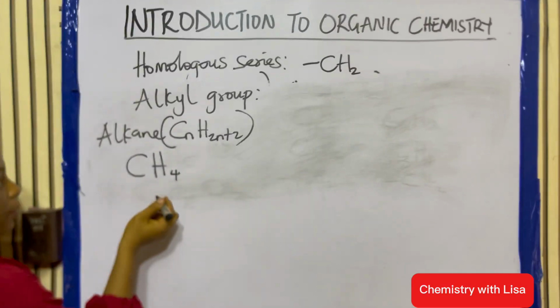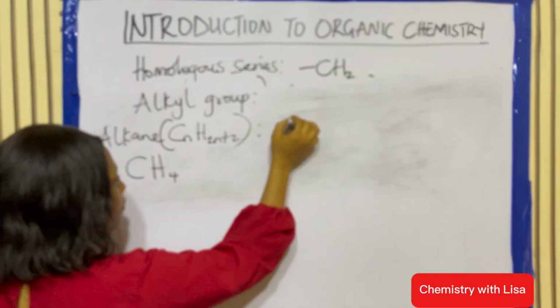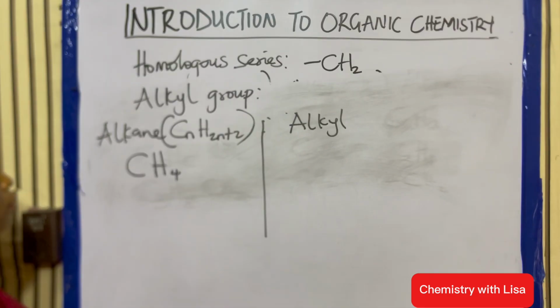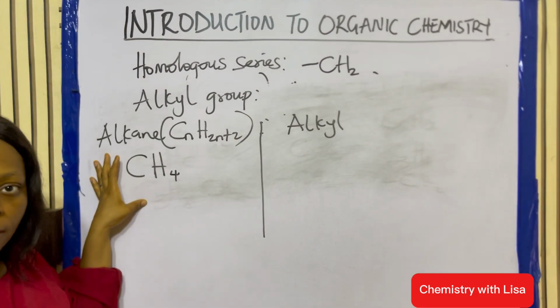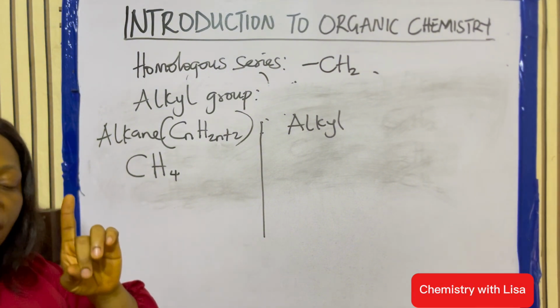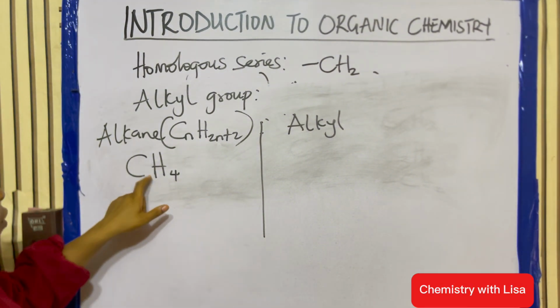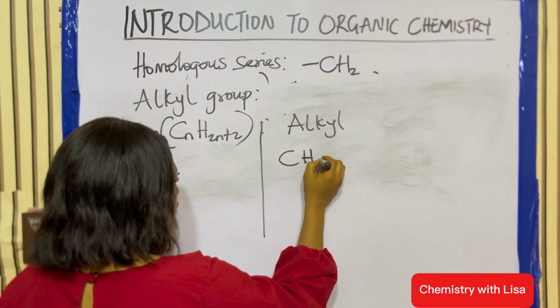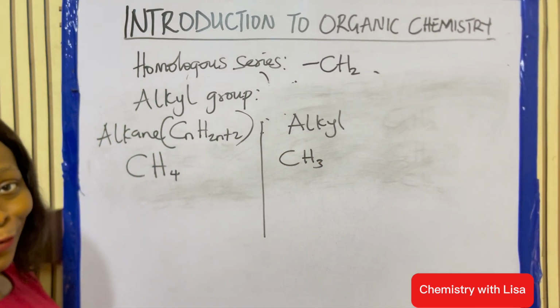This is the alkane family. So let's look at the alkyl family. The alkyl family will be all the members of the alkane family that have lost a hydrogen atom. So let there be a loss of a hydrogen atom here. Remove 1 hydrogen atom, you will have CH3. This is an alkyl group.